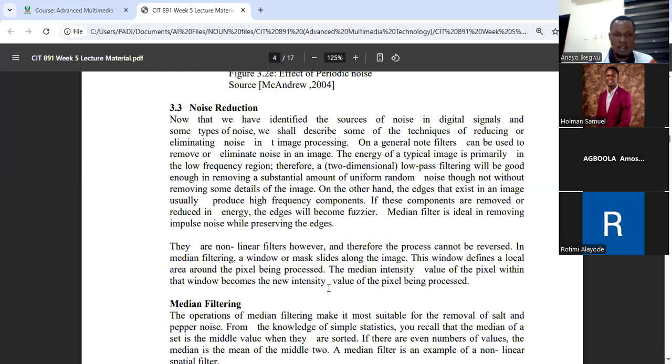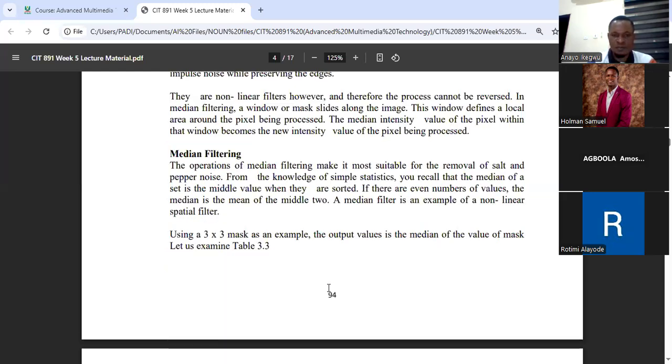So then median filtering. Here we are looking at the removal of salt and pepper noise. The average is called the median filtering. The operation of median filtering helps you to remove salt and pepper noise in an image.